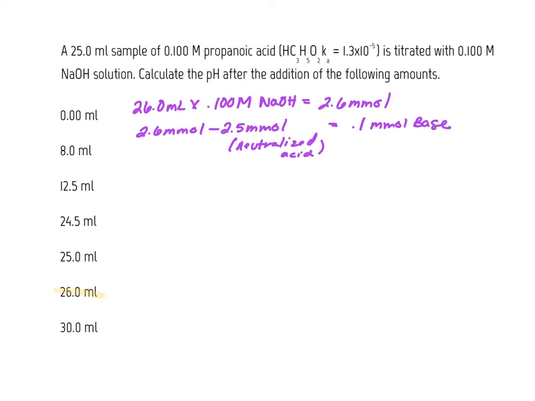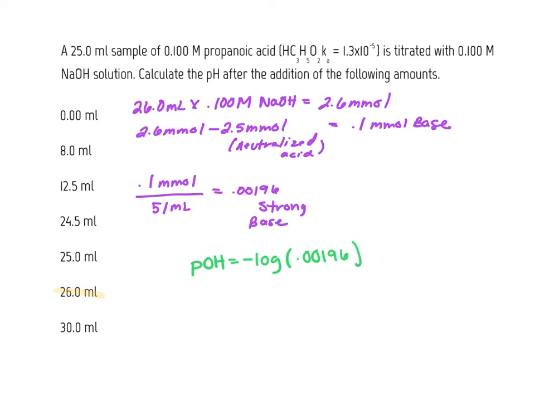And that again is the sodium hydroxide. So that is a strong base. To calculate the concentration of that, we do 0.1 millimoles divided by the total volume. So 51 mLs, 26 plus 25. It's the total amount in the flask. We get that concentration. Now again, since sodium hydroxide is a strong base, we can take the negative log of that concentration to calculate the pOH.